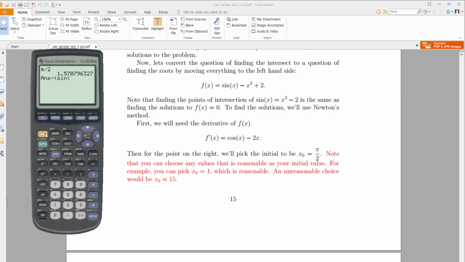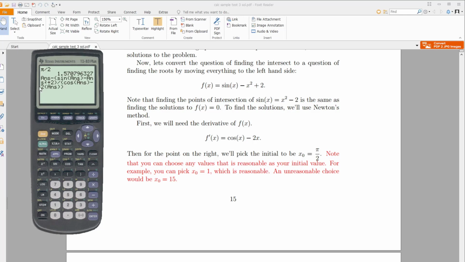So sine, instead of x, again, you type answer, minus answer squared plus 2, close parenthesis, that's the numerator, divided by the denominator, which is f prime, cosine answer, minus 2 times answer. And there you go. That's it.